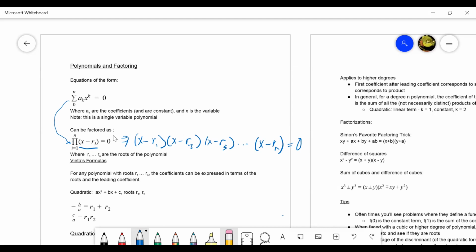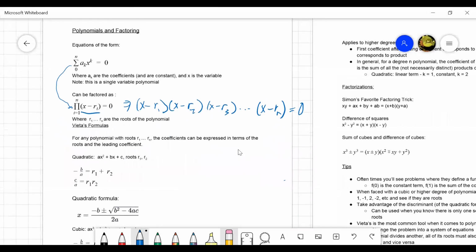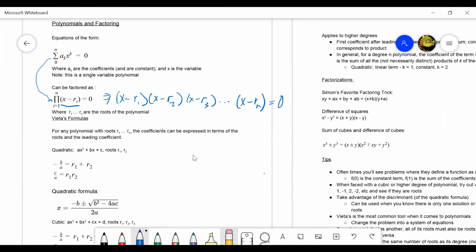And I do have to have an equal 0 here. So basically, in most instances, you'll see polynomials. They're going to ask about the roots of the polynomial. And the root of a polynomial is the value of x that would make the expression equal to 0.